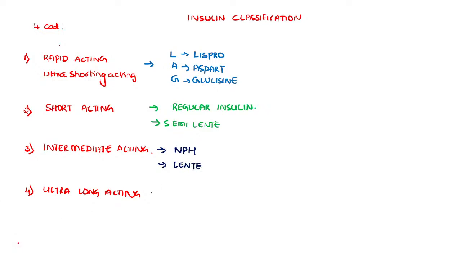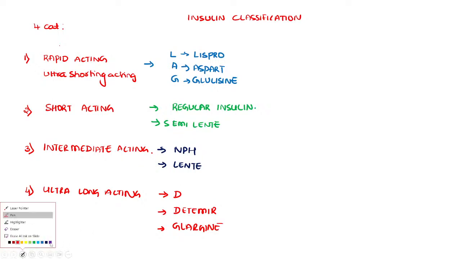Under the ultra long acting, you have got a very important drug, that is DDG. You have Detemir, you have Glargine, and a very important drug, that is Degludec.